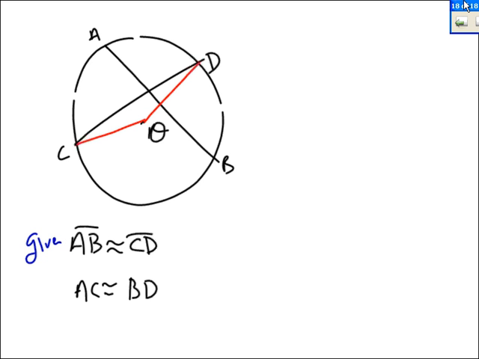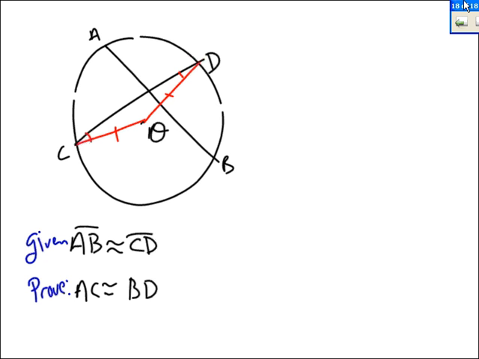This is given, and this is what we want to prove. Okay. So now we know that those two are the same. Those two are the same. Okay. Which means those base angles are the same.